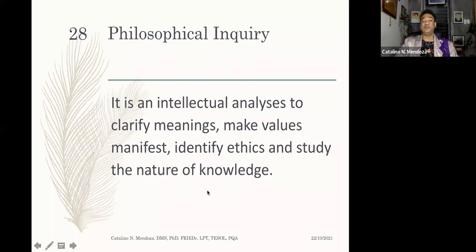And another one is philosophical inquiry. It is an intellectual analysis to clarify meanings, make values manifest, identify ethics, and study the nature of knowledge. Like, for example, the ISO principle. ISO is a philosophy. It is a way of life of those people who believe in quality.